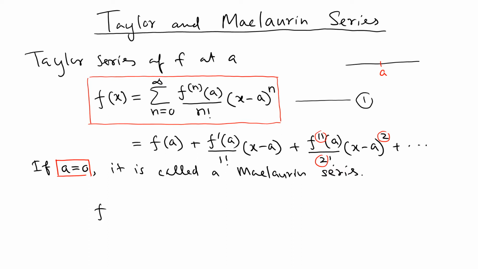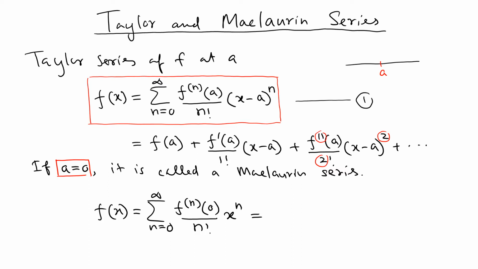So f(x) equals the Maclaurin series, the sum from n going from 0 to infinity. What happens now? We simply evaluate at 0. Instead of a, we put 0. Then factorial n, no changes. This is x^n because a equals 0. So that is the Maclaurin series.